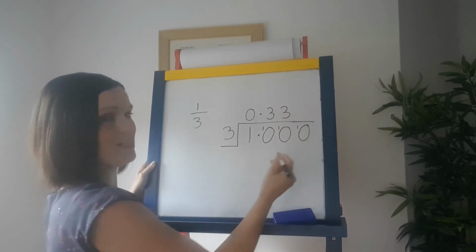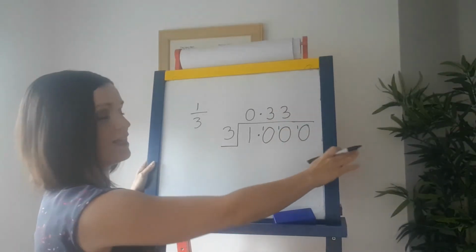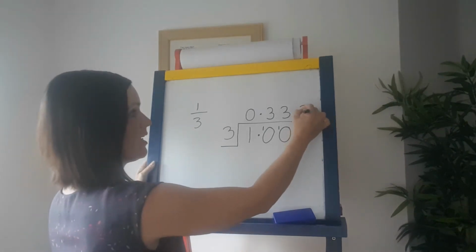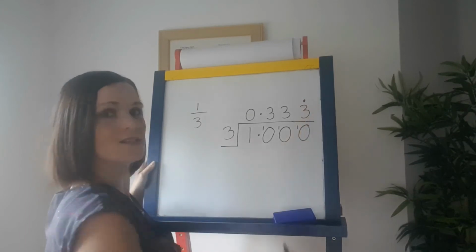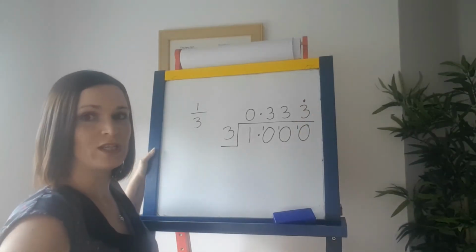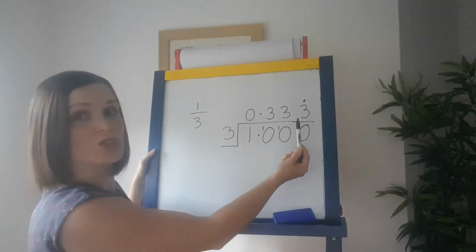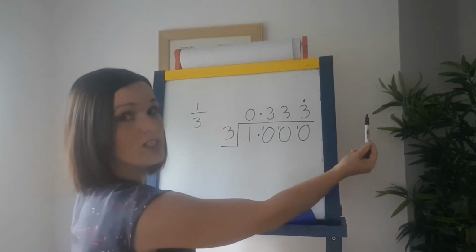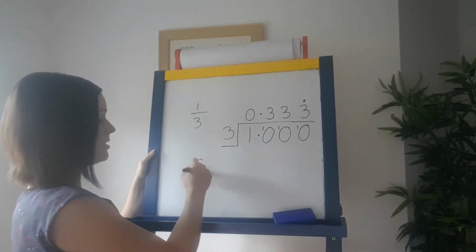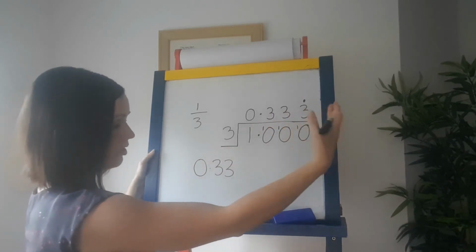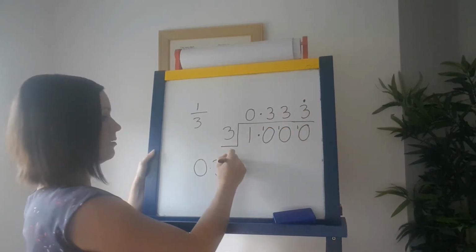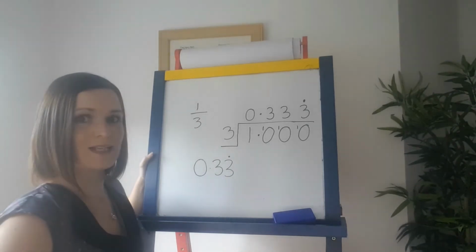And as you can see here, all that's going to happen is it's going to keep continuing. And if you have a continuing decimal like this, you can put a dot above the 3 to show that that 3 is just going to continue. Now 0.333333 is written like that as a decimal.